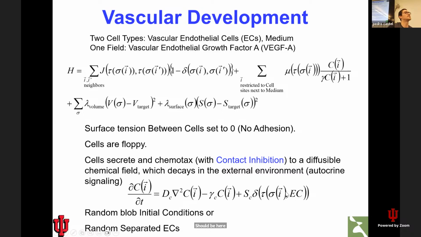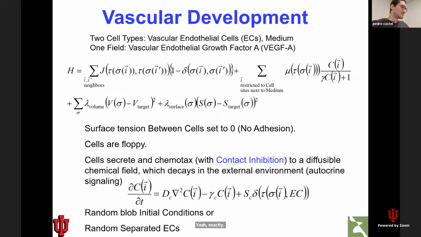Sigma is the cell at position I. I prime are coordinates on the left. Yes, I is a coordinate, X and Y. Then sigma just gets the cell at that position. Yeah, exactly.